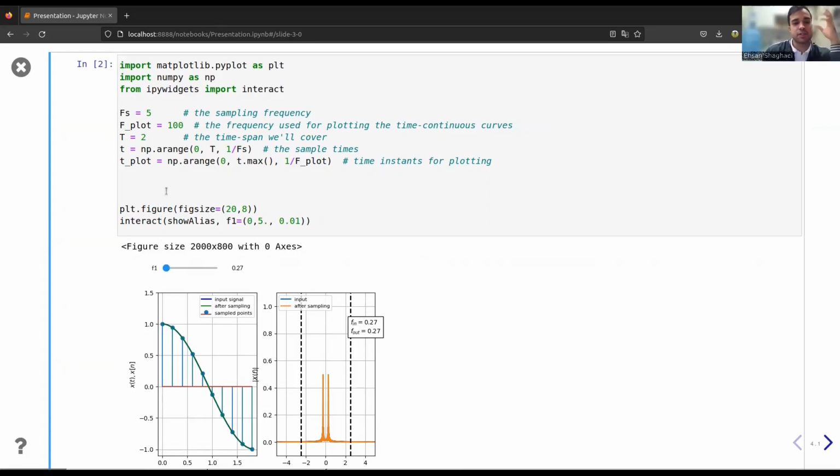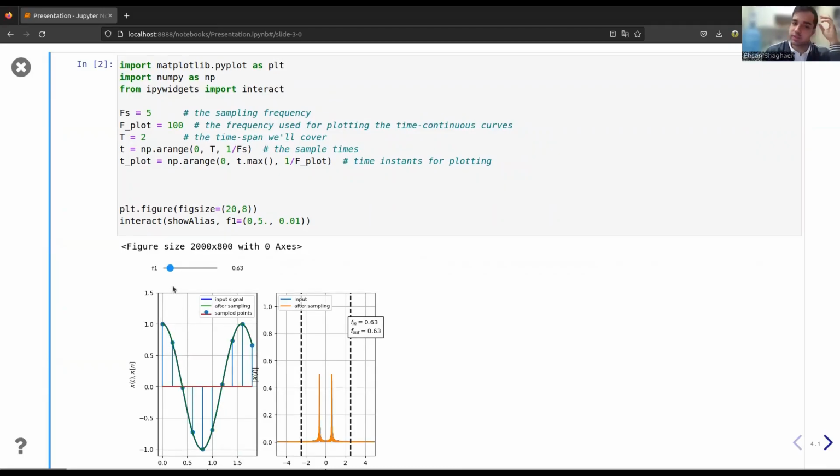Now let's consider the case where we have a sampling frequency of 5. Let's see how it would change if the frequency of the signal changes. First we go through lower frequencies.